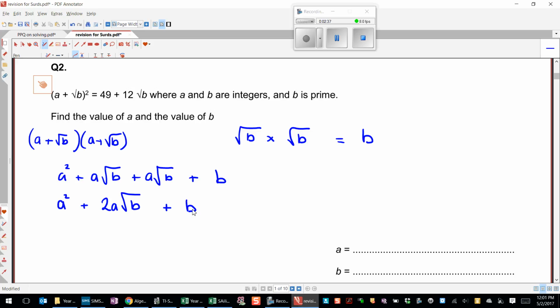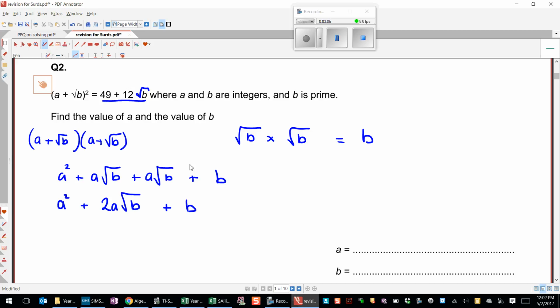We need it to end up being 49 plus 12 root b. The root b is a part of that? Yeah, so it's 12 root b. Could you put the a root b?